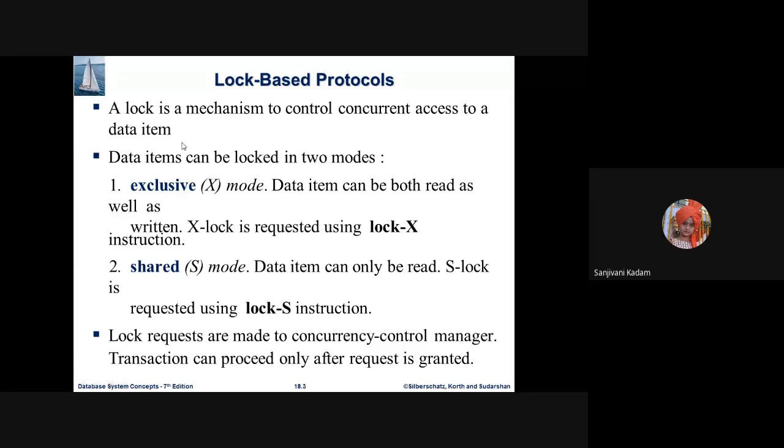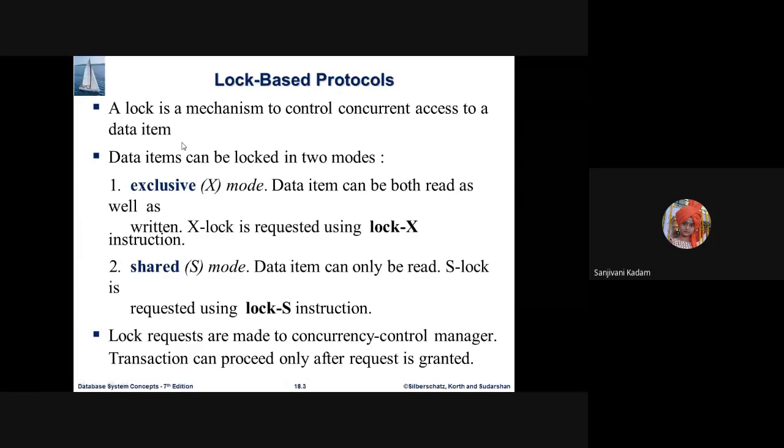Now, since we are performing two operations, there are two types of locks available on a database. The first lock is exclusive, which is also called X mode, exclusive mode, shown by a capital X. Wherever we want to perform read as well as write operation, where a transaction has read the value, performed some changes, and then written it back, in that case this exclusive lock needs to be acquired on a data item.